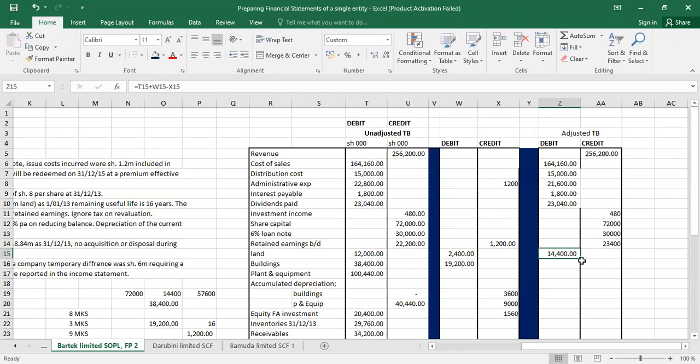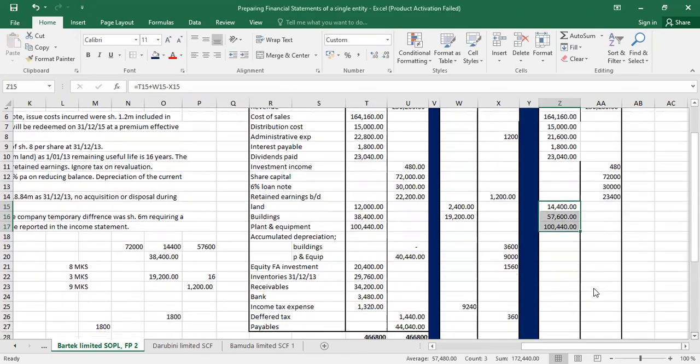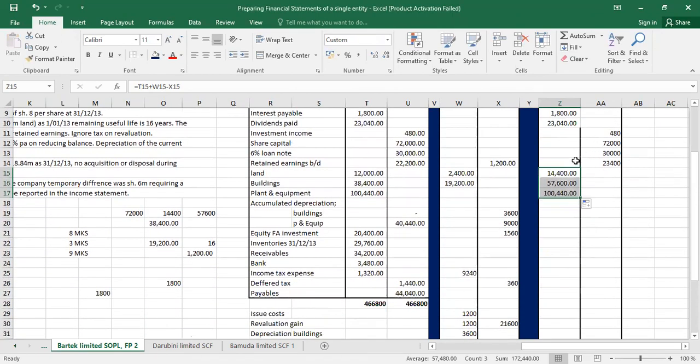Escape, I'll drag down up to plant and equipment. So I'll copy also this one here, Control C. I paste Control V directly because there's no format that I want. So I'll just drag also. Must be very careful here.